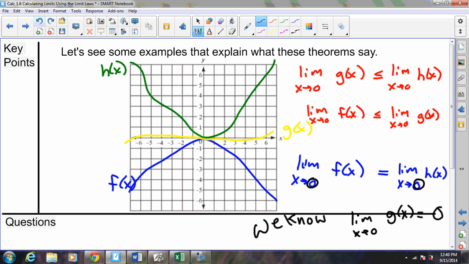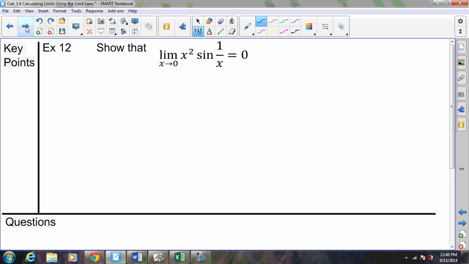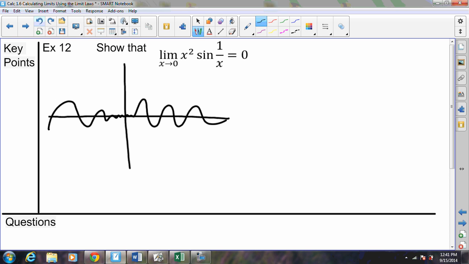Where this gets to be particularly helpful are problems like this. Show that the limit of x squared times sine of 1 over x equals 0. Students may remember that when we were going over the sine of 1 over x in class, we had a piece where we used the tables to say, well, where is it going? And we had a graph that kind of looked like something like that.